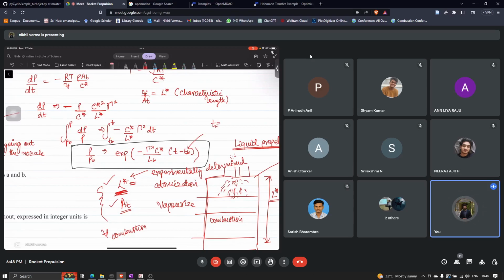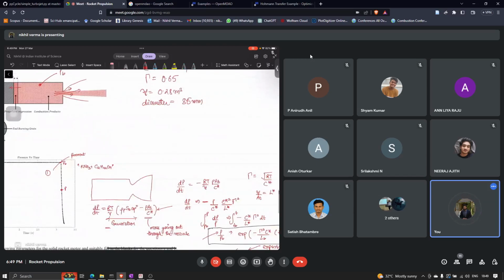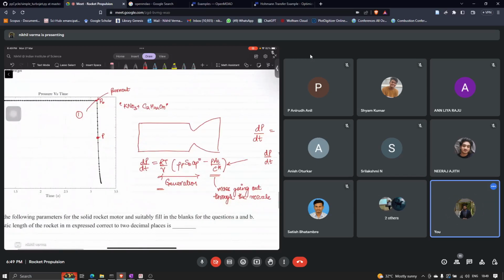You can take T_b as 0. From this point, how much time it will take to decrease your pressure to a certain amount. Okay, so let us consider this point as your T_b.